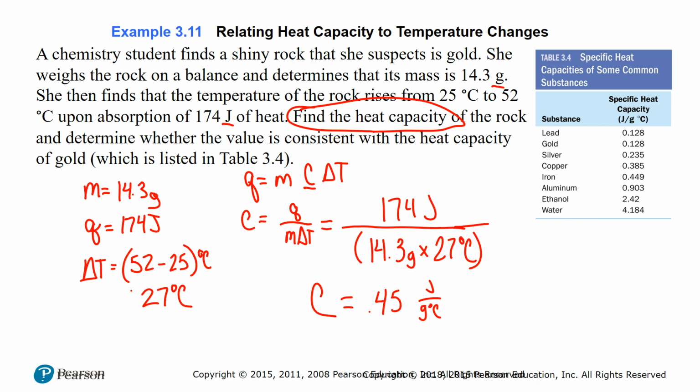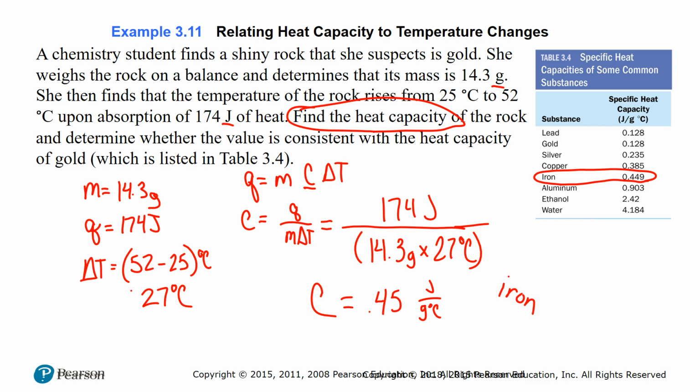And so I take that 0.45 and I look at my list. The closest thing to 0.45 is iron. So my assumption is this is not gold. It is iron.